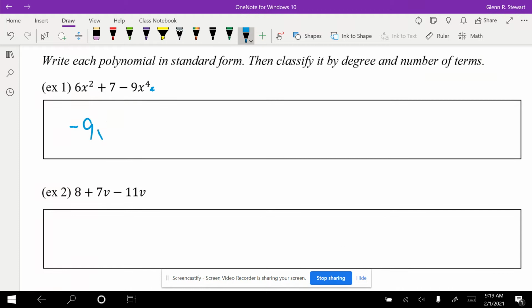So negative 9x to the 4th plus 6x squared plus 7. You note this is a degree of 4, so this is a 4th degree. And then we have 1, 2, 3 terms. So that would be a fourth degree trinomial.